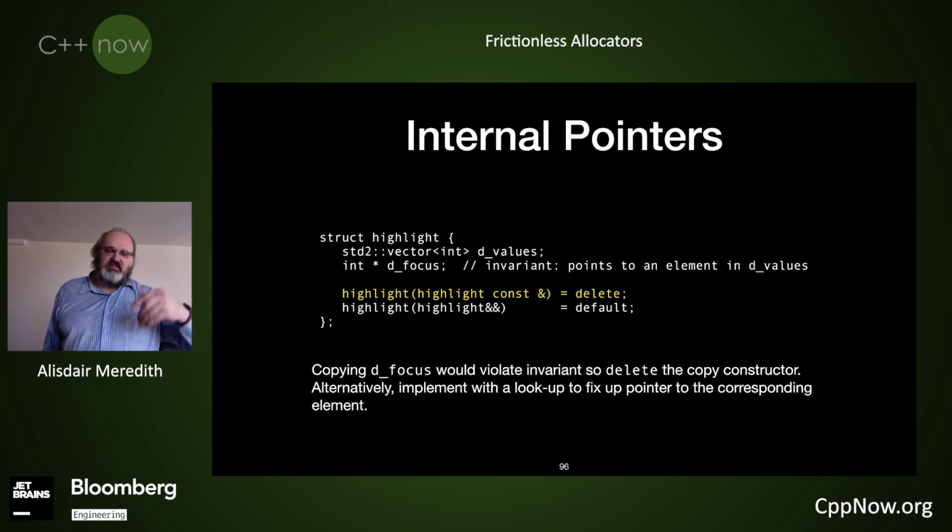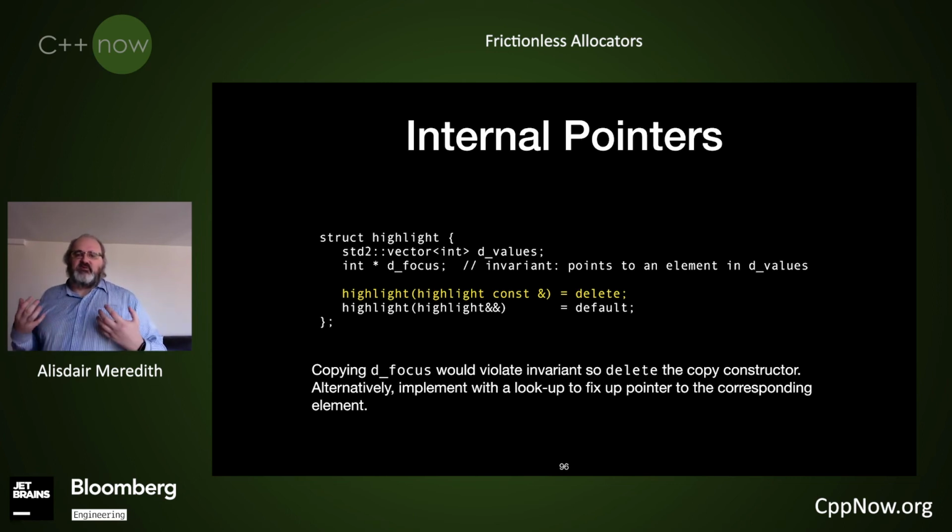I could also implement it to say, okay, I know the point I was looking at was index position 3. After I do the copy, I will just repoint to whatever's at index position 3, assuming uniqueness of members in the vector. But either way, I'm going to delete it, or I'm going to have to write some code to re-establish that invariant. A copy constructor that defaults is not going to do the right thing.